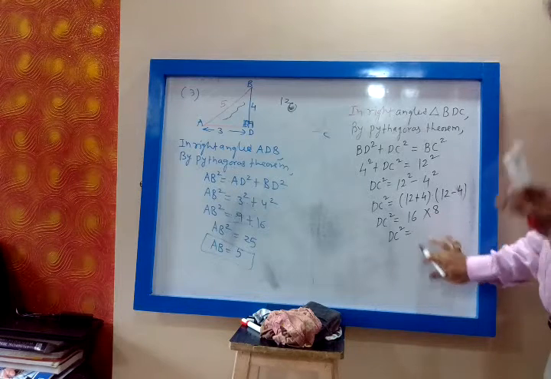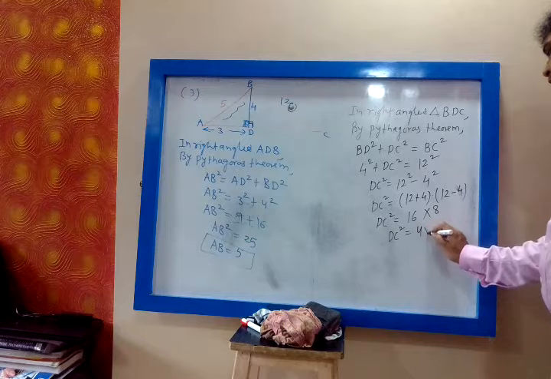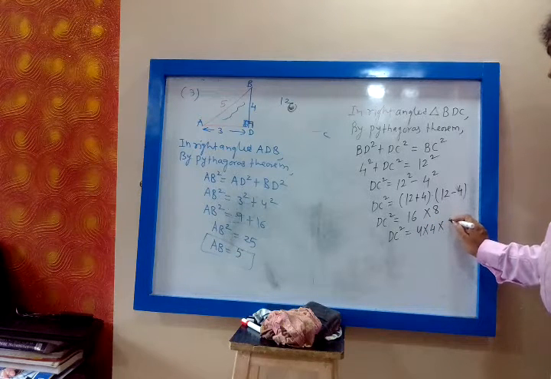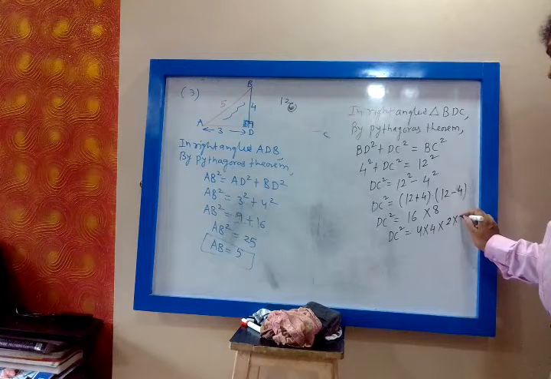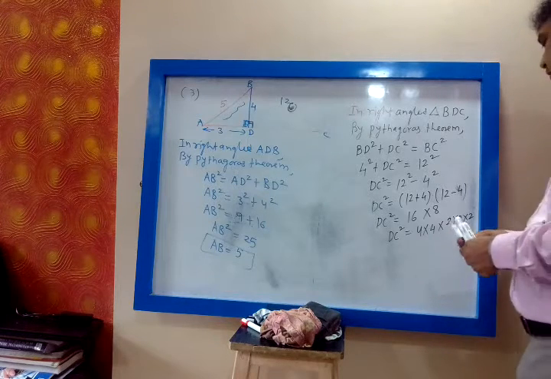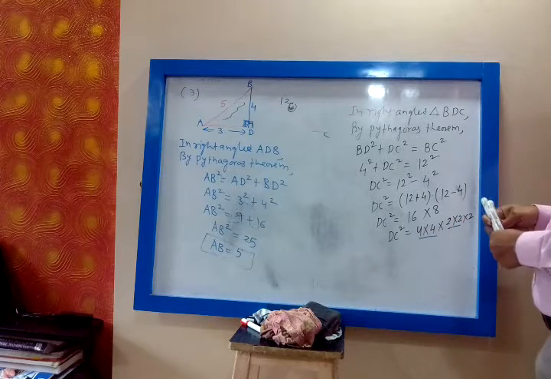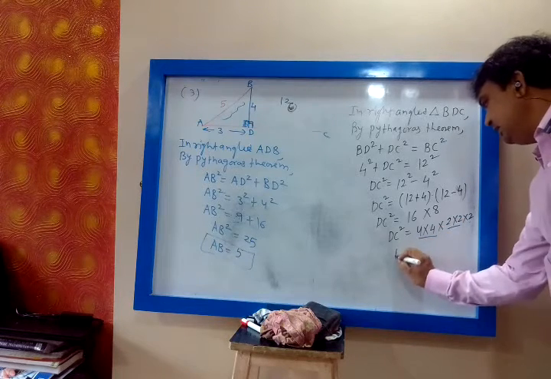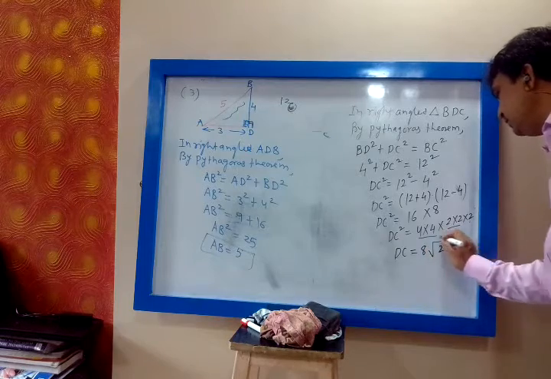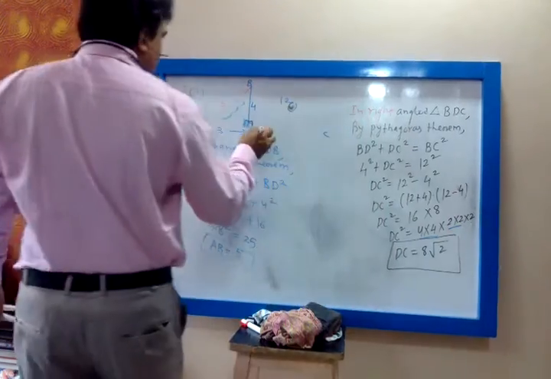If you do not want to find the square root directly, 16 I will write 4 into 4, 8 I will write 4 into 2, or 2 into 2 into 2. Then when you find the square root, you take 4 once, 2 once, 8 root 2. So DC is 8 root 2.